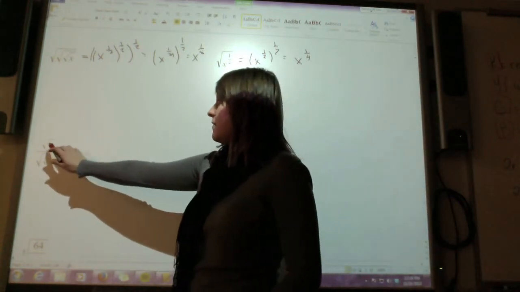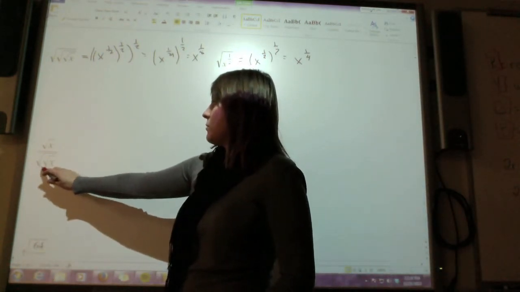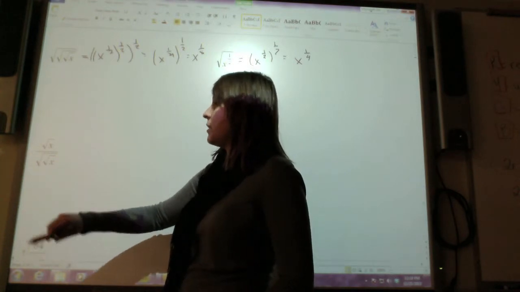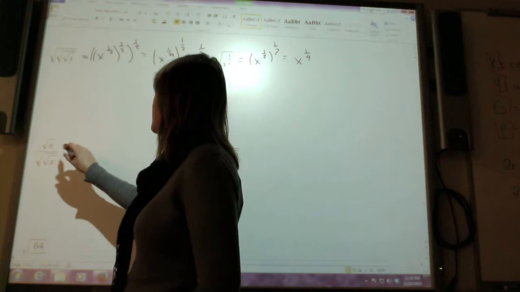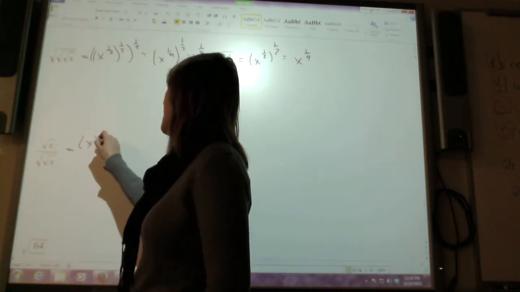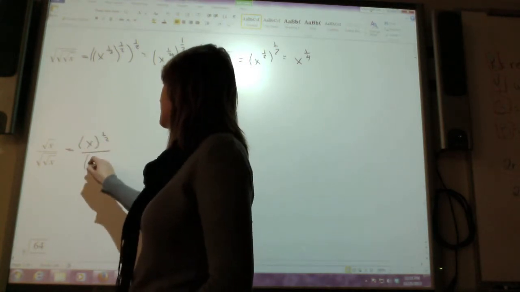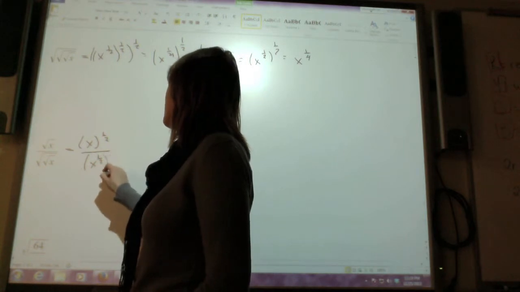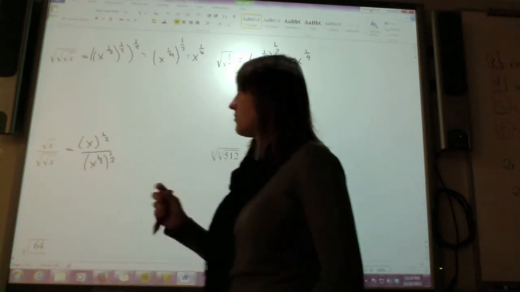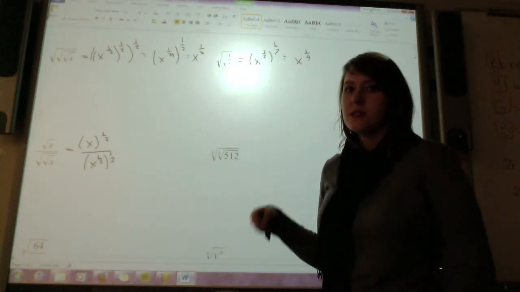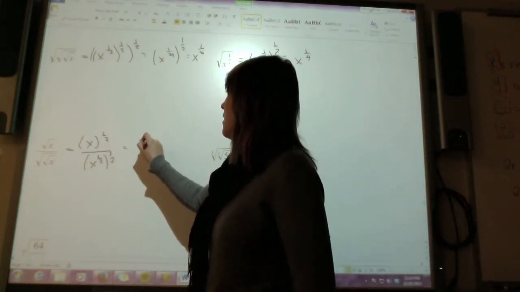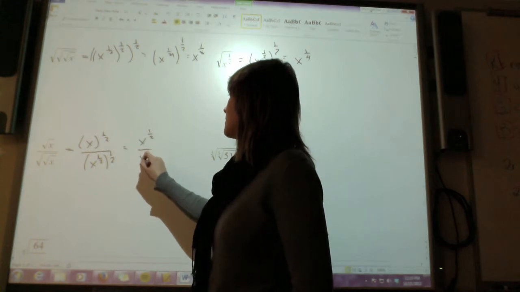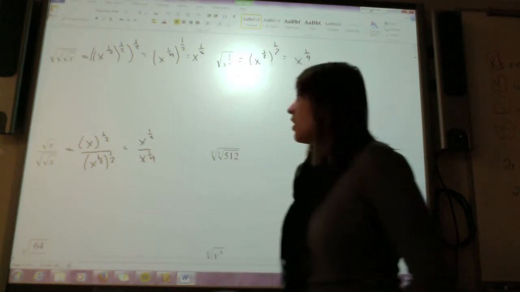Alright, moving on. Here I've got the square root of x over the square root of the square root of x. So again, I'm going to start by just simplifying the top and bottom here. On top, this is x to the 1/2. On the bottom, this is x to the 1/2 to the 1/2. If I'm taking the square root of the square root, it's the same thing as power to a power. So down here, I'll have x to the 1/2 over x to the 1/4.